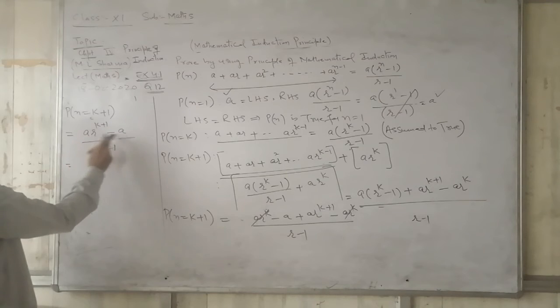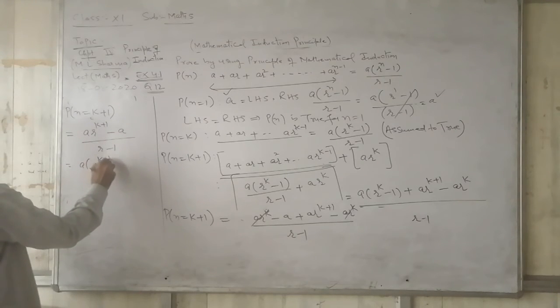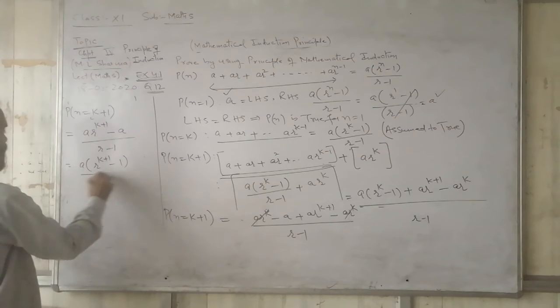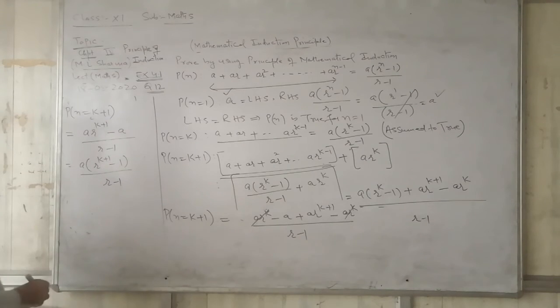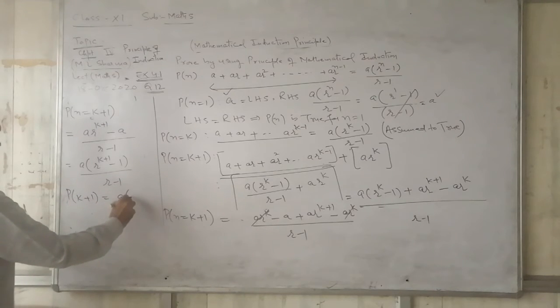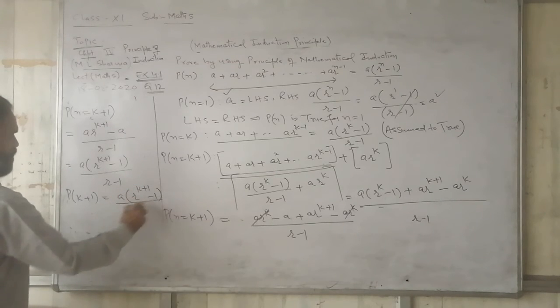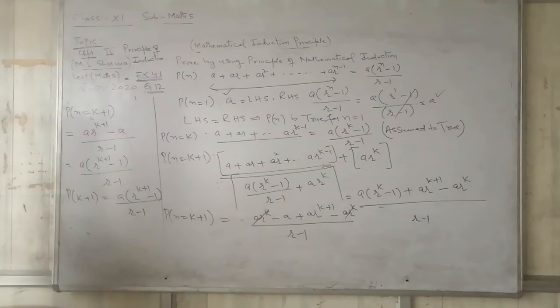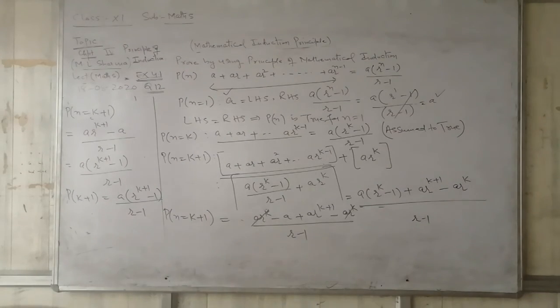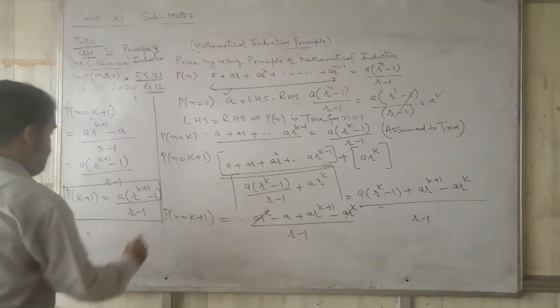So if I take a as common, inside a, r power k plus 1 minus 1, upon r minus 1. So this is the final P of k plus 1. So this is the last term k plus 1.